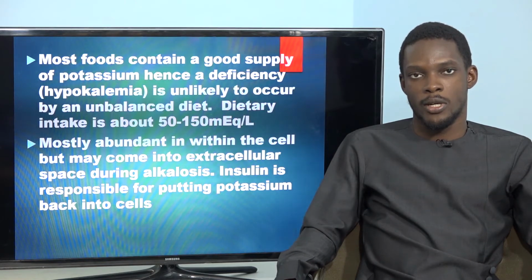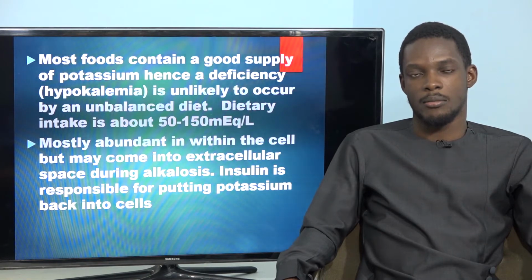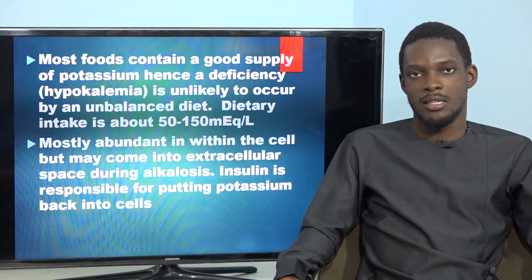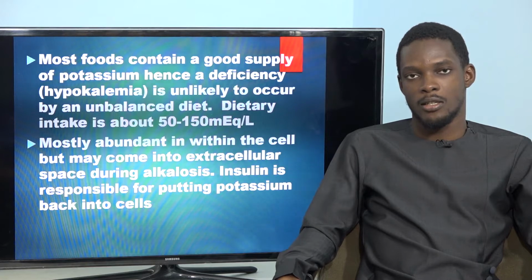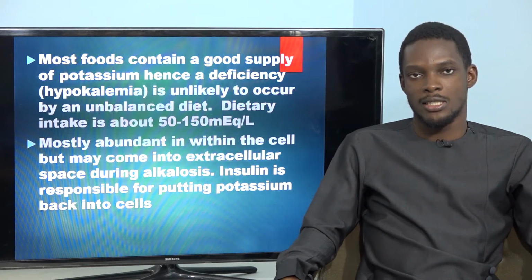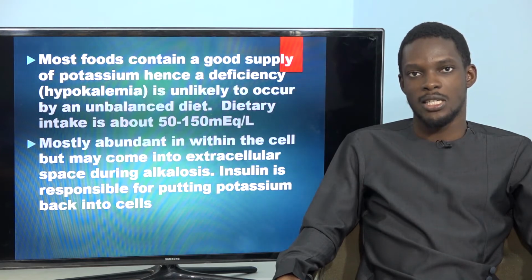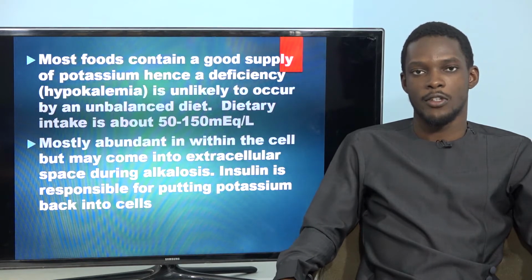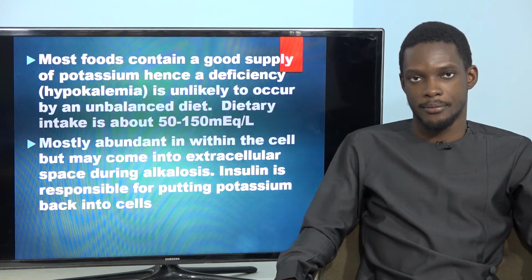In rare cases where there is metabolic alkalosis, potassium comes out of the cell to help balance the alkaline nature of the blood due to its positive charge. Where alkalosis is implicated and potassium within the cell is highly depleted, when corrected, insulin is responsible for putting the potassium back into the cell for cellular use or cellular function.